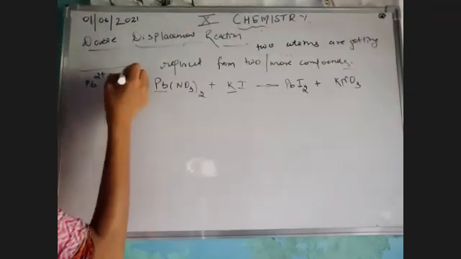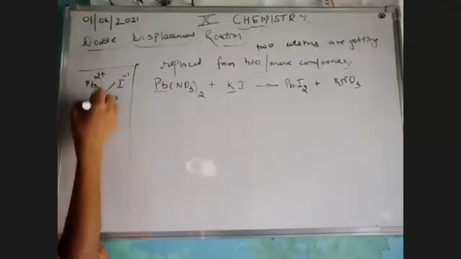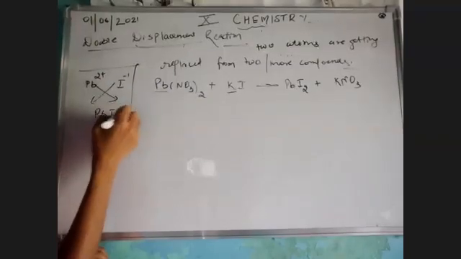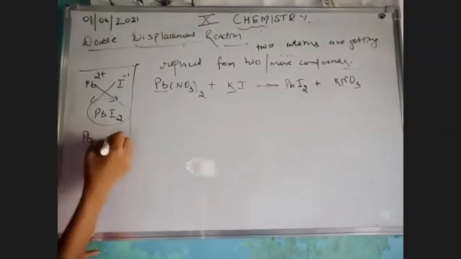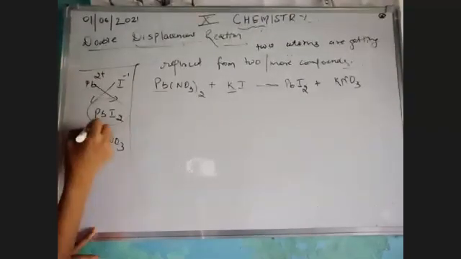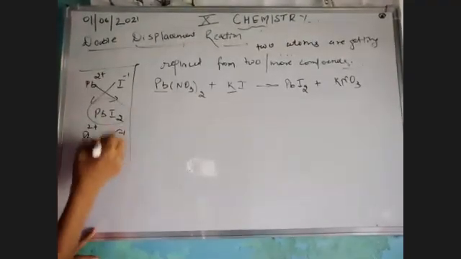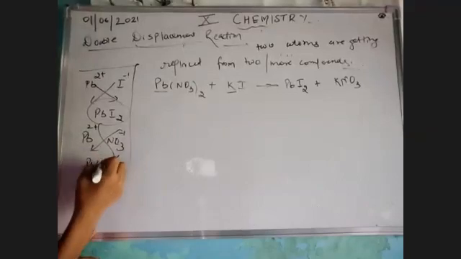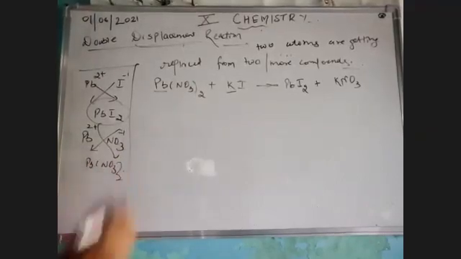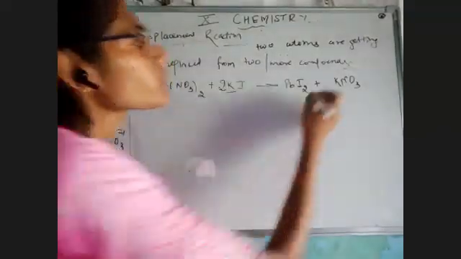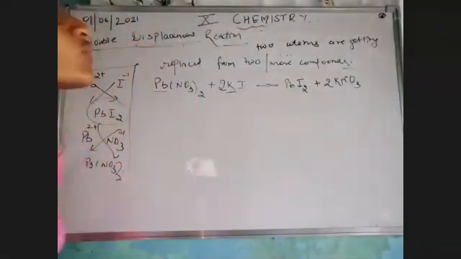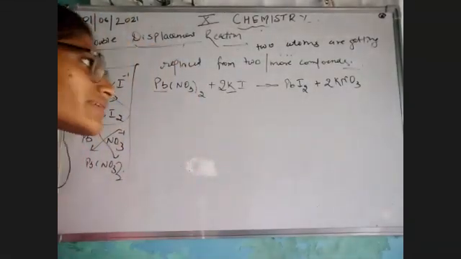Lead is 2 positive, iodine -1, and we would get, all right, same as it is for lead nitrate. All right. Now, first of all, the reaction is not balanced, quite obviously. So we will take 2 and this one. This is known to be double displacement reaction.